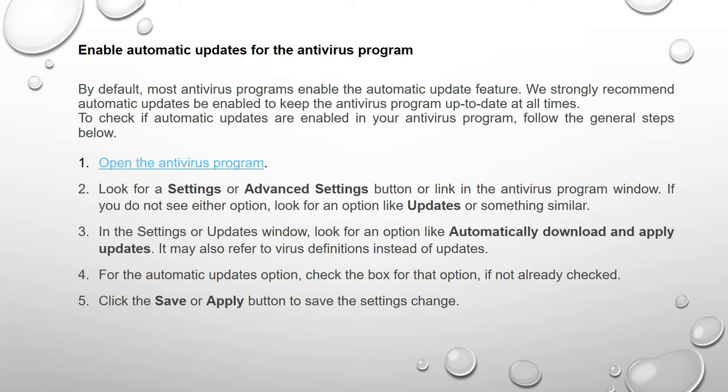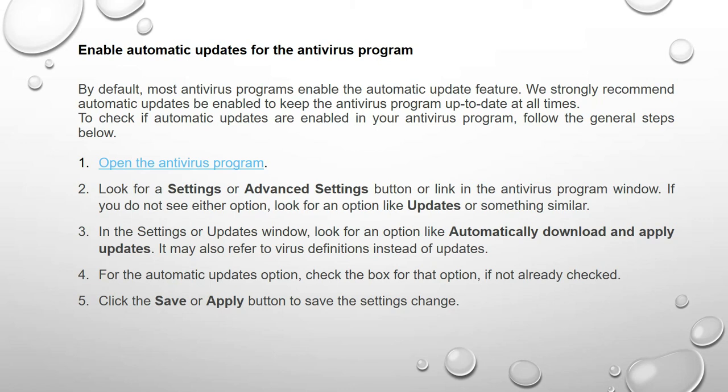To check if automatic updates are enabled in your antivirus program, follow these general steps. First, open the antivirus program, then look for a setting or advanced setting link in the antivirus program window. If you do not see either option, look for an option like updates or something similar.